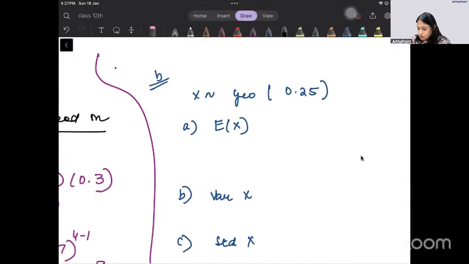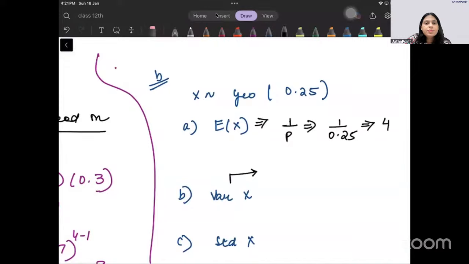Use the formula sheet. Expected value of x will be 1 by p. Variance of x will be q by p square.